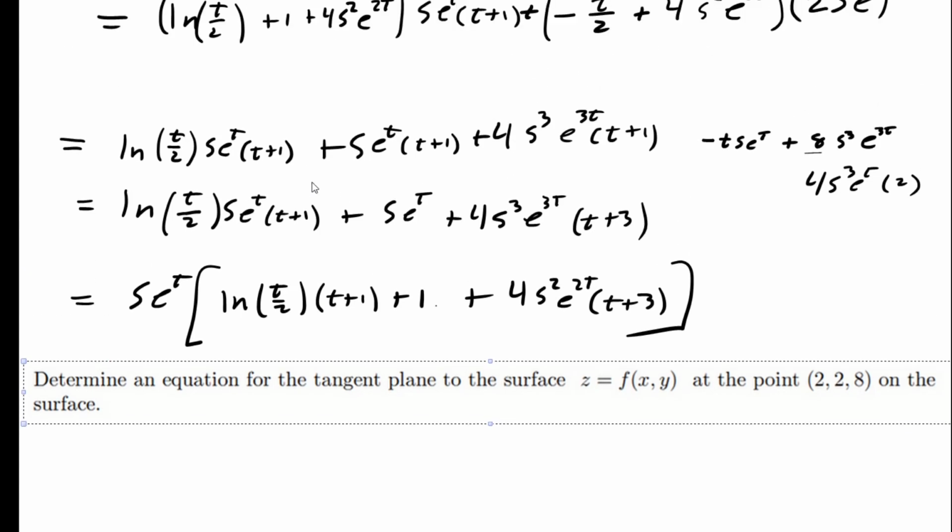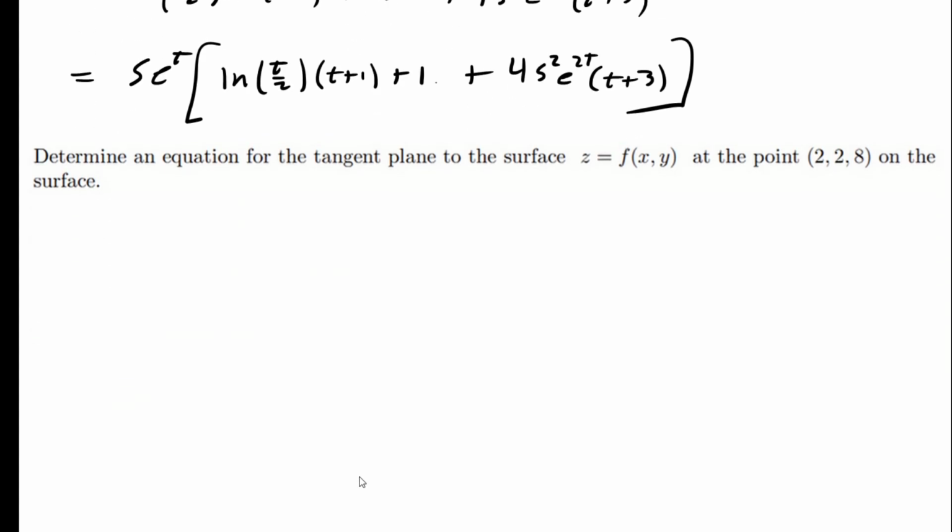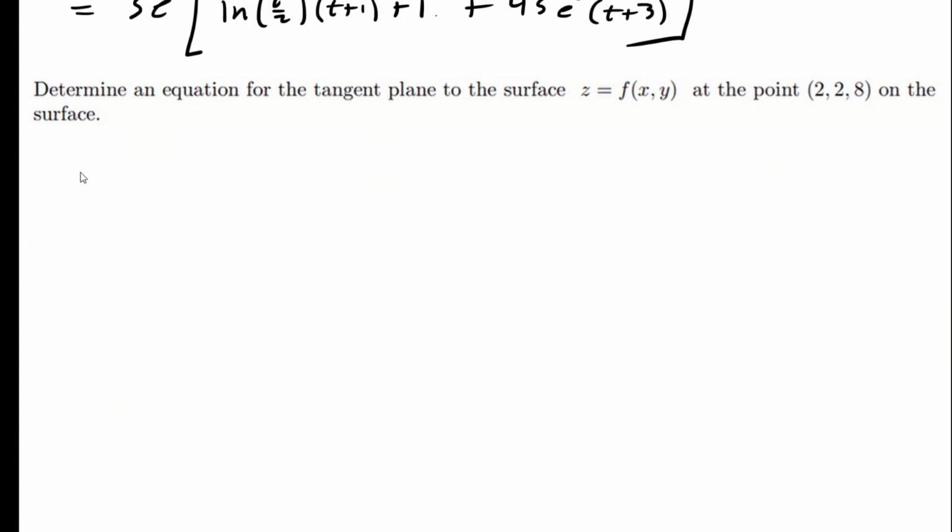Okay, so for this one, what we're going to do is consider the function g of x, y, z, and that's just going to be where I move everything over to one side. Everything except for any constants, but there's none in this.